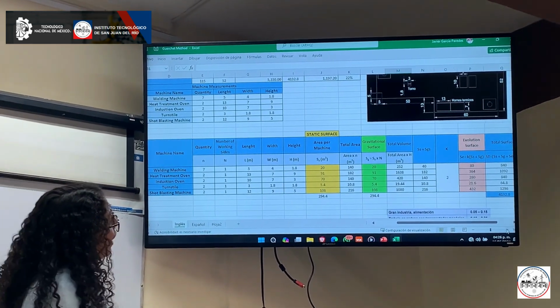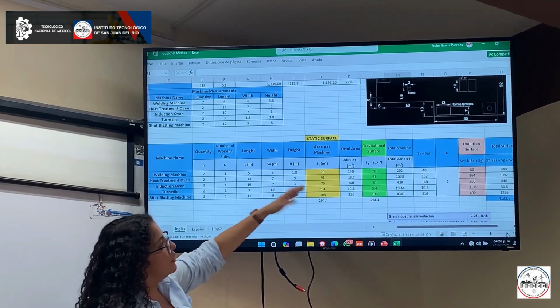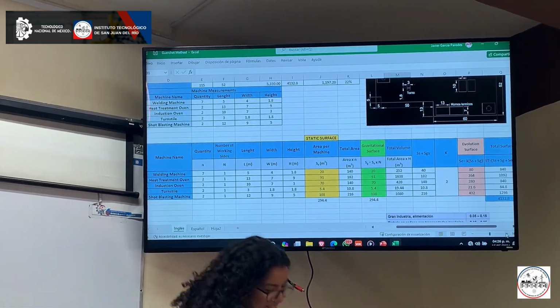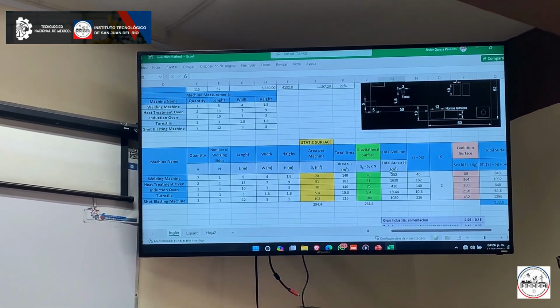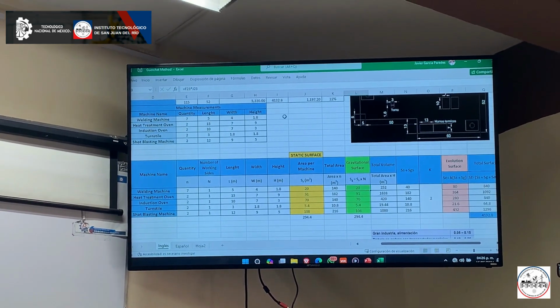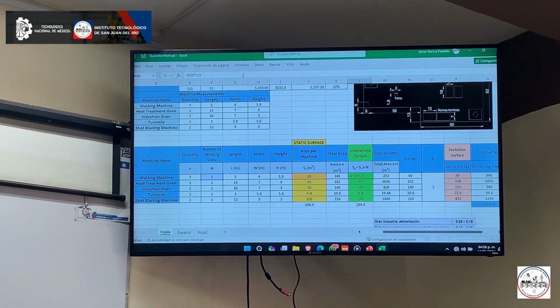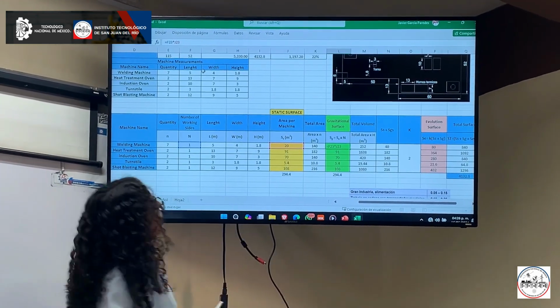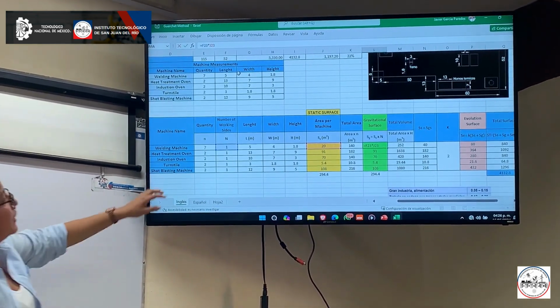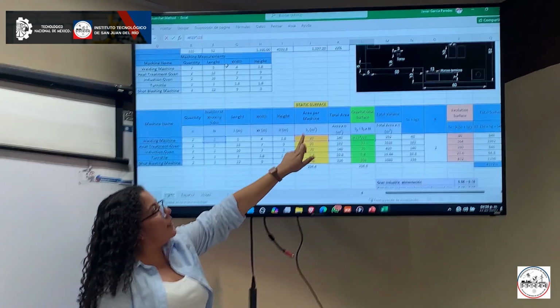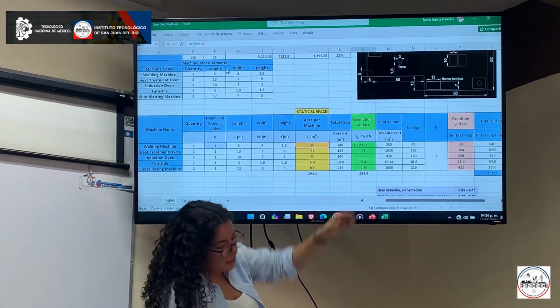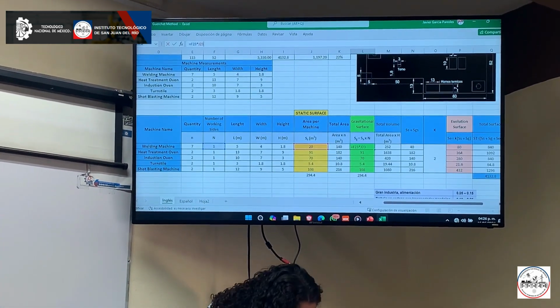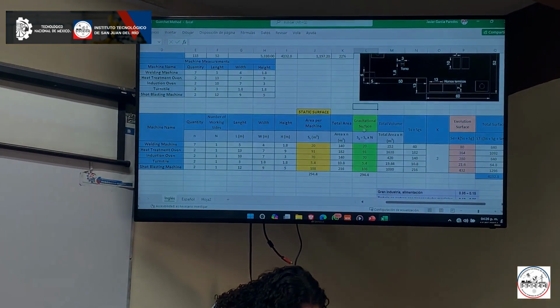Then you have your gravitational surface. You multiply the number of working sites by the area of the machine, which gives us, in this case, 10.